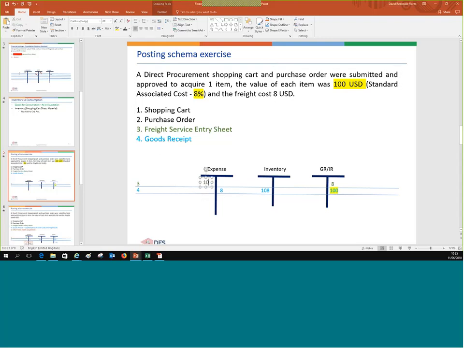Freight service might be 10 in some cases, or it might be 5, or it might be very difficult to estimate if the freight service is shared among different POs or among different items of different natures. So what you need to understand is that what we are adding to the inventory account is not the actual cost of the freight, but a standard associated cost, estimated in a way that we consider that on average it would be 8%.